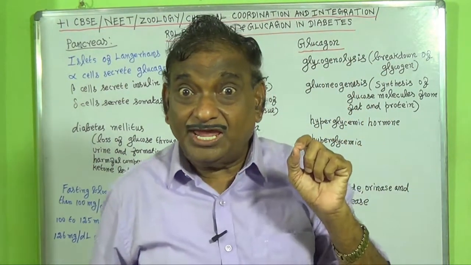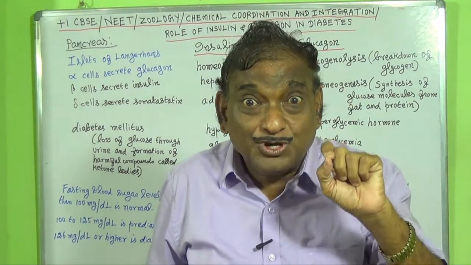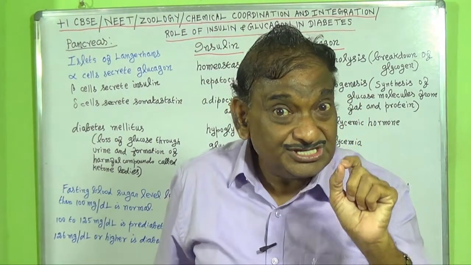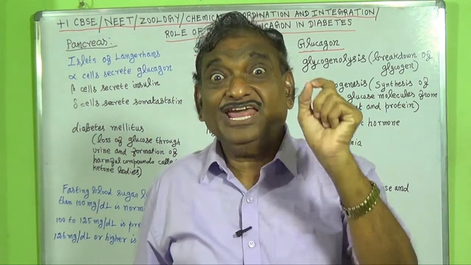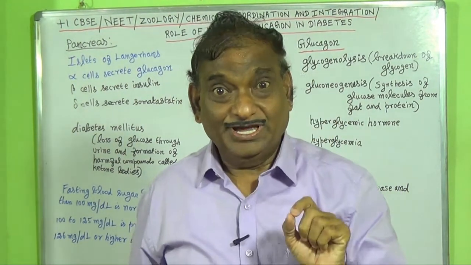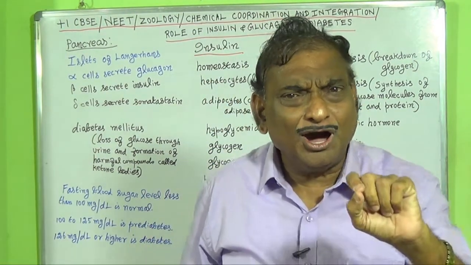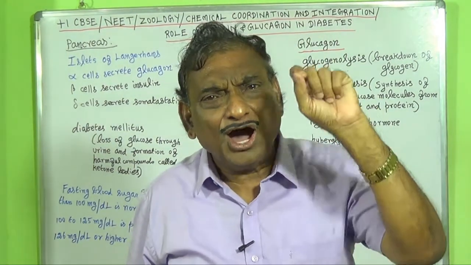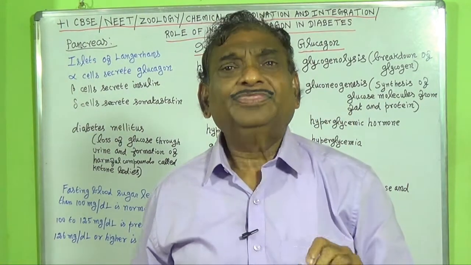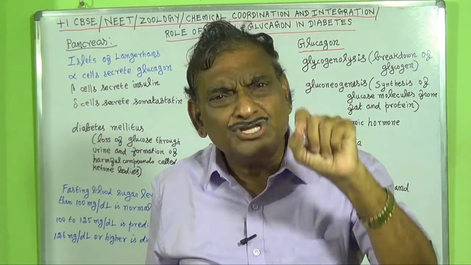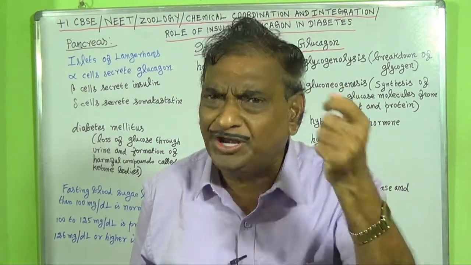We can say the main functions of insulin are three. The first is it oxidizes the glucose, that is, the blood sugar. What is the meaning of oxidation of glucose? That is burning of glucose. Where does this glucose come from into our body?